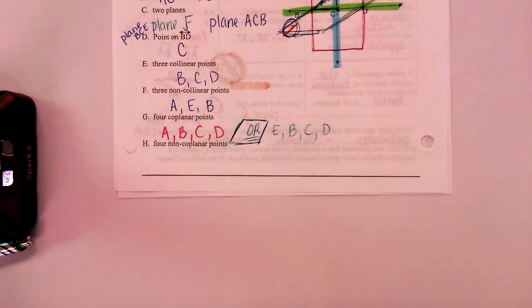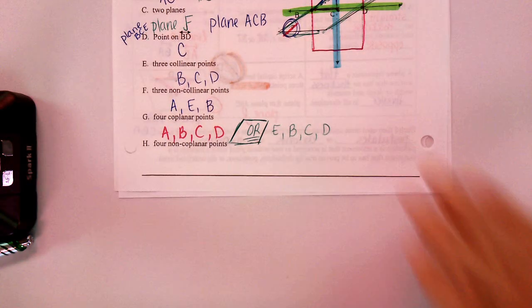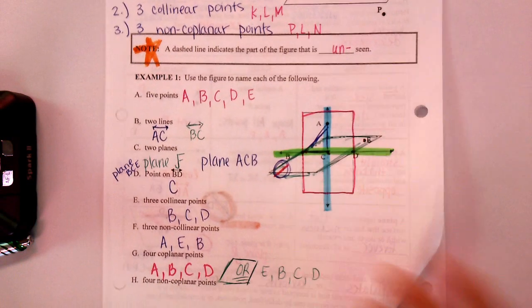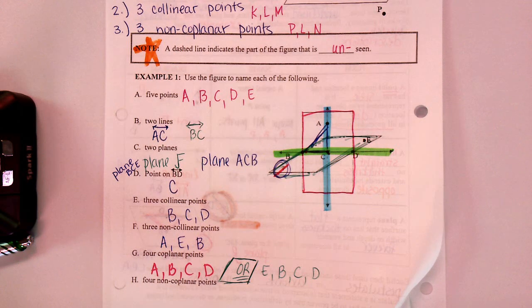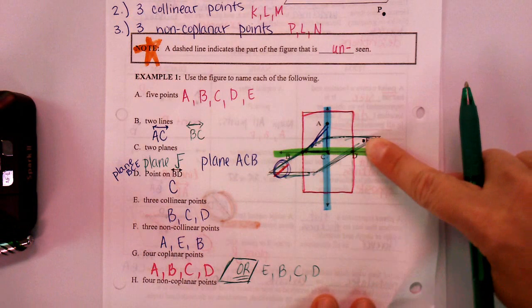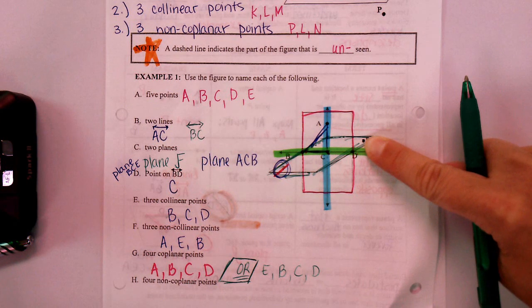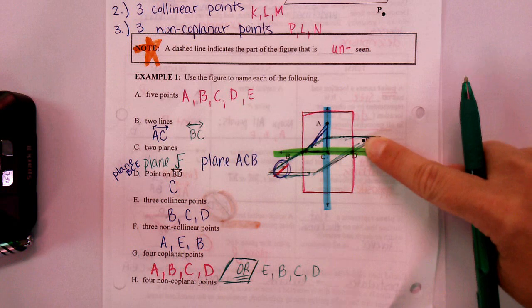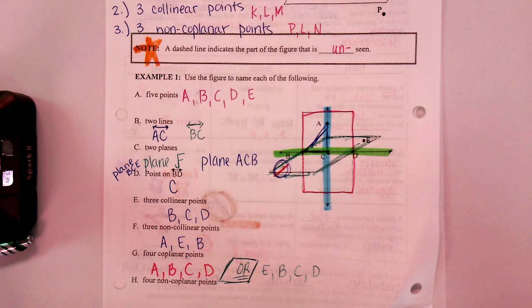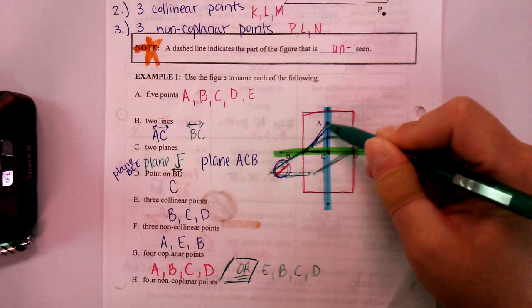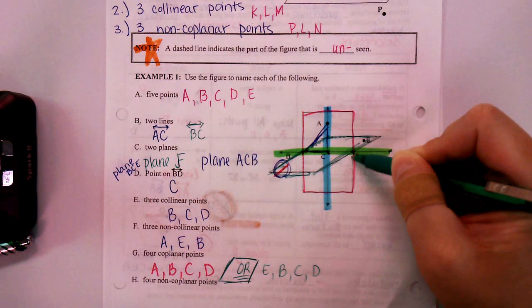Last one, 4 non-coplanar points. It's easiest to pick the off point first. If I'm going to start with E, then I need 3 other points in a different box. A is going to have to be one of them, and D. So E, and then all 3 of these are in the pink as non-coplanar.